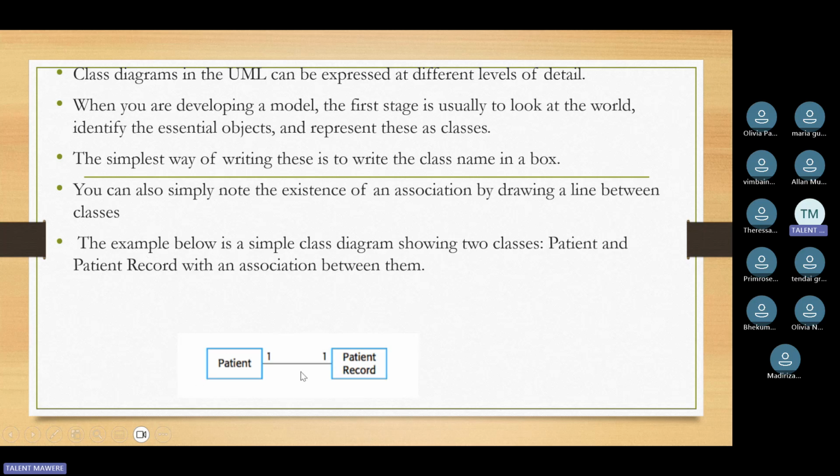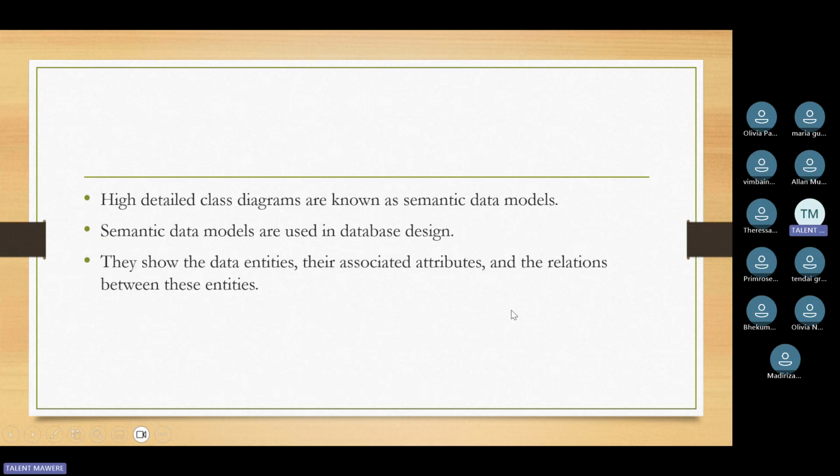So this diagram here is a class diagram that shows two classes, patient and patient record, with an association between them. When class diagrams become more detailed, they are known as semantic data models. We usually use them to design our database.